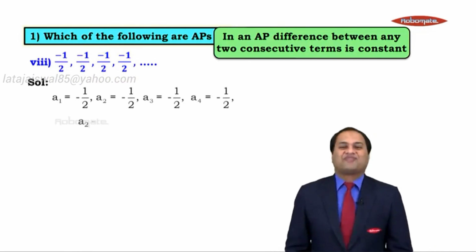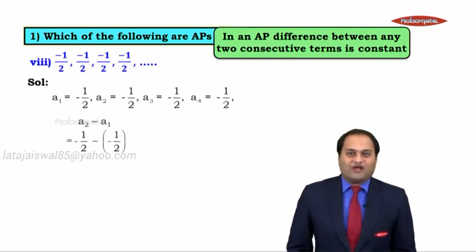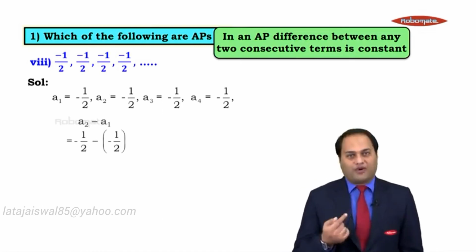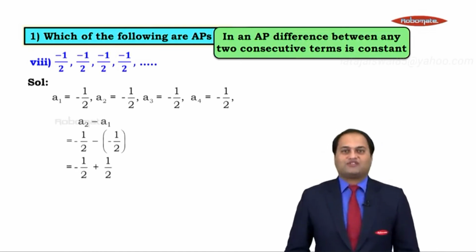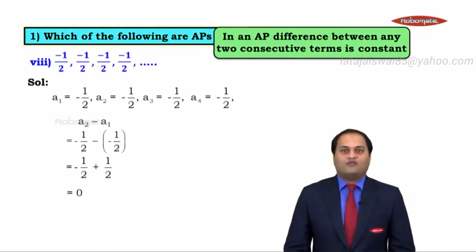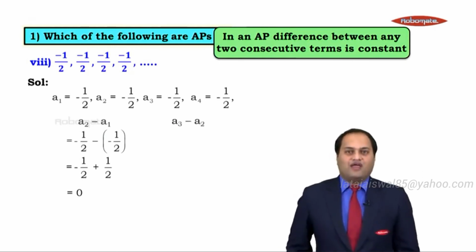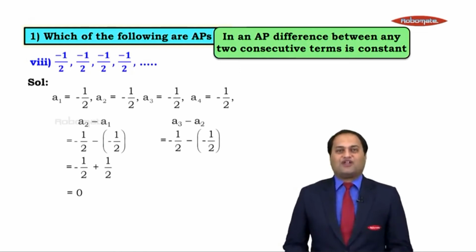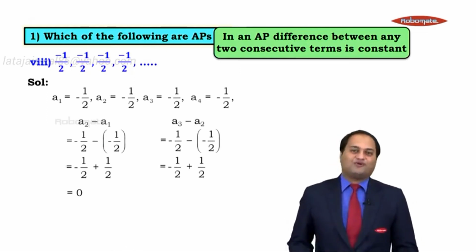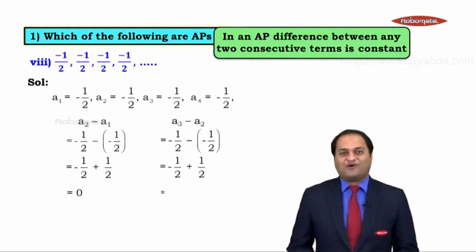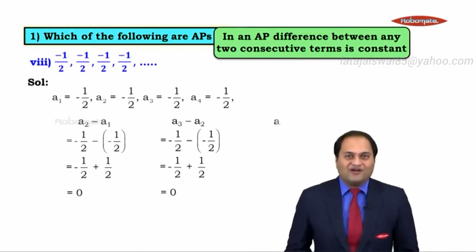Let's see. A2 minus A1, you get minus 1 upon 2 minus of minus 1 upon 2. That's minus 1 upon 2 plus 1 upon 2, which is equal to 0. A3 minus A2 will again be minus 1 upon 2 minus of minus 1 upon 2, so minus 1 upon 2 plus 1 upon 2, which is equal to 0.